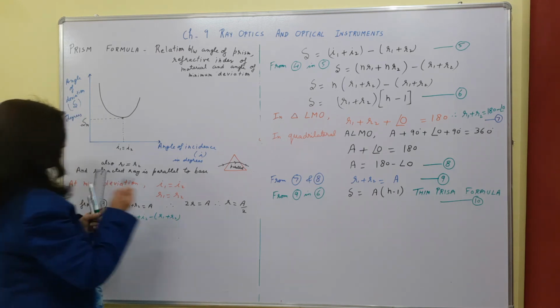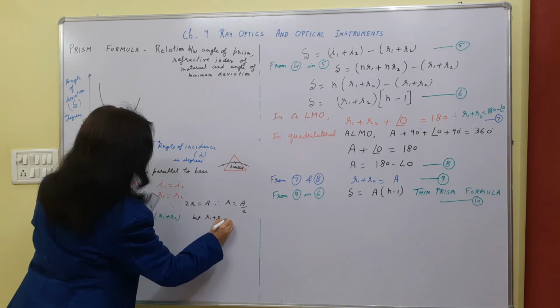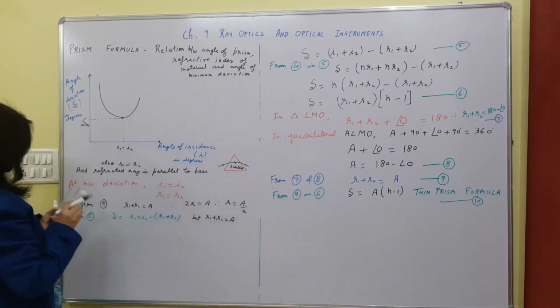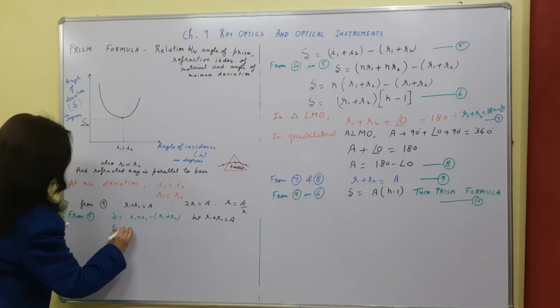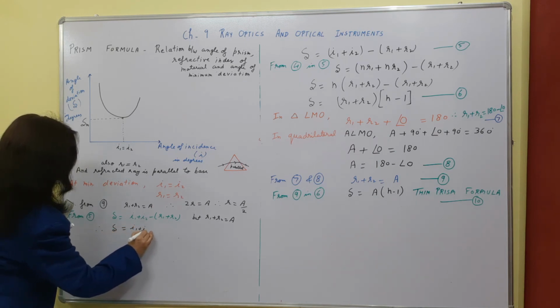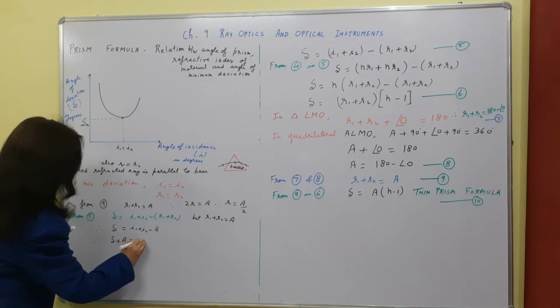But we know R1 plus R2 is equal to A. So therefore, delta is equal to I1 plus I2 minus A. So therefore, delta plus A is equal to I1 plus I2.